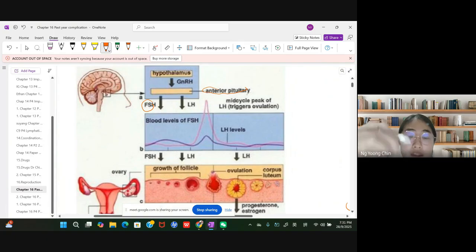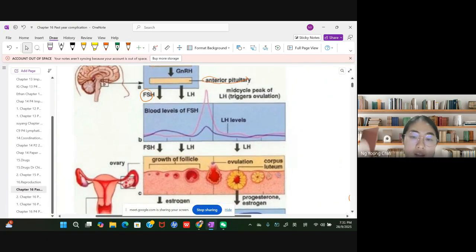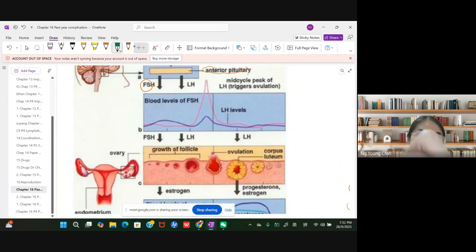This shows the menstrual cycle from the first day to 28 days, just one month. You can see a line which refers to 14 days, here is about 14 days.